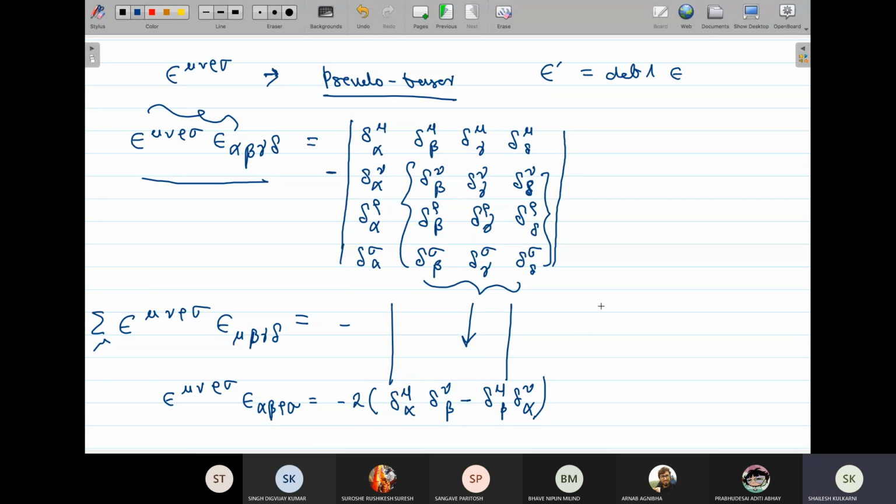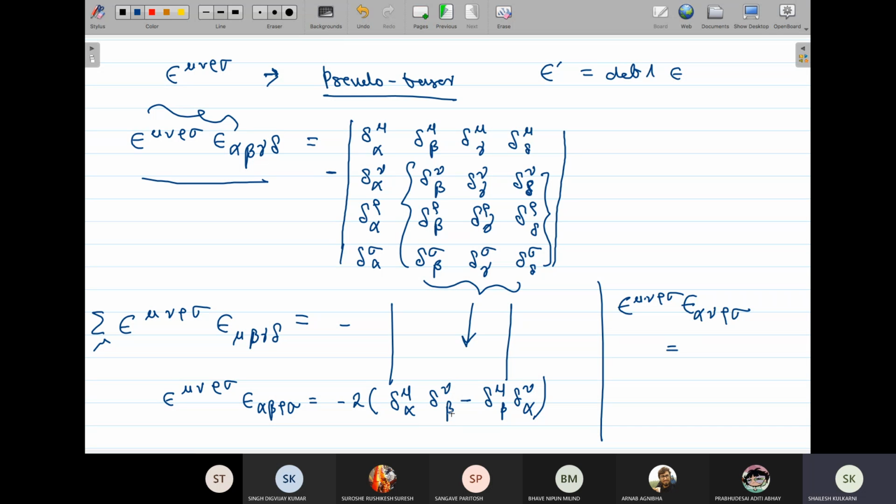This one can show. And the third one is epsilon mu nu rho sigma epsilon alpha nu rho sigma. So you contract beta with nu, and you will get 4 here.